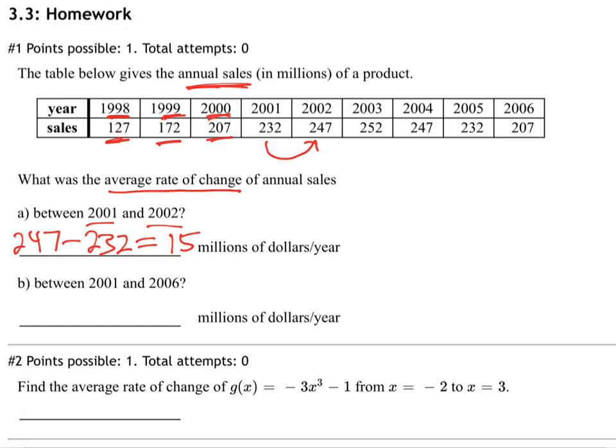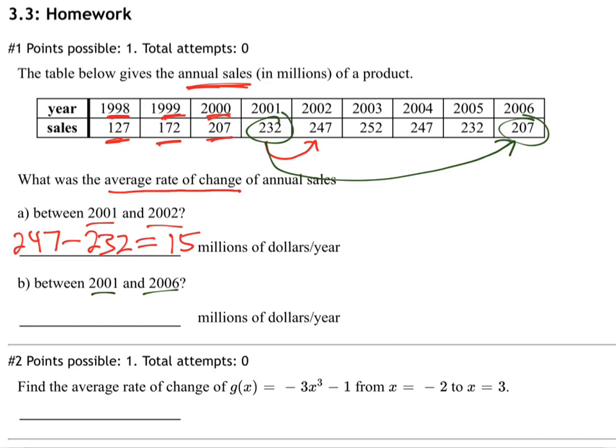Now, next part, how about from 2001 all the way to 2006? So what are we going to do on that one? Whenever you talk about change, it's basically a slope formula, isn't it?